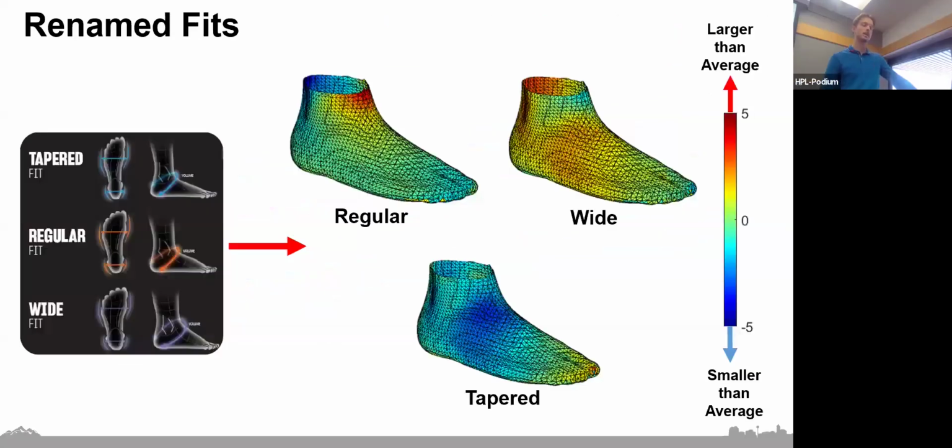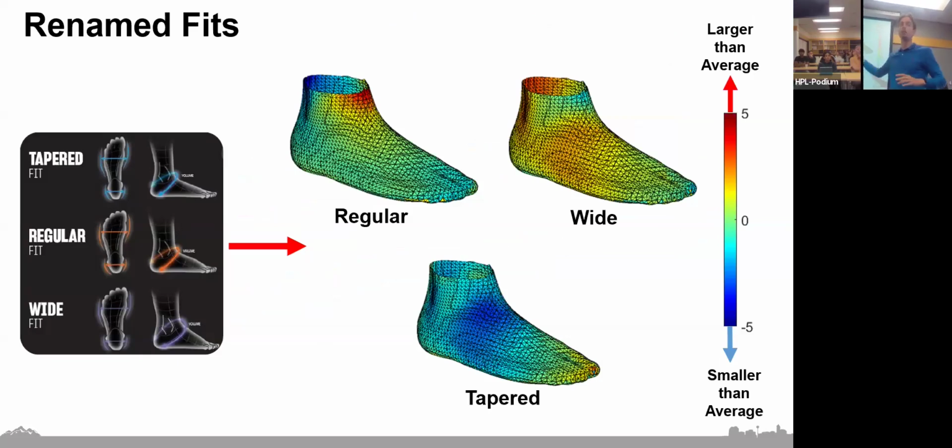Yes, I think you're referring to what I discussed briefly on this slide. The fits that result from these methods end up looking like a regular, tapered, and wide, no matter what size we feed it and how big the data set is, as long as it's above 1,000 scans.